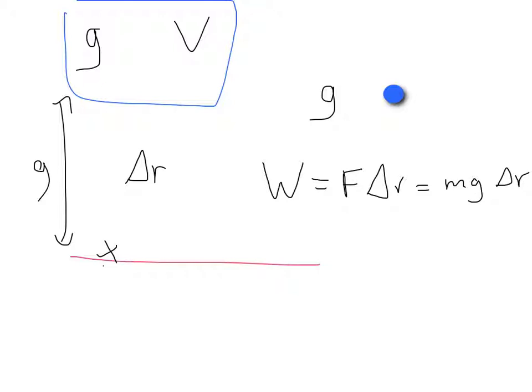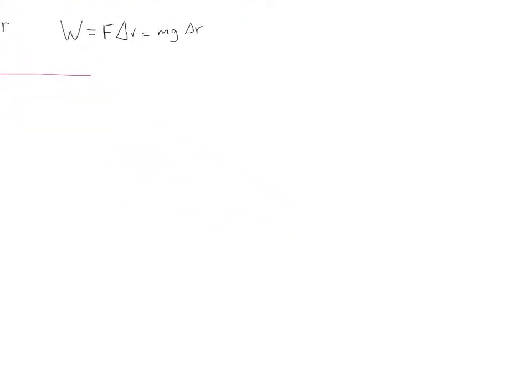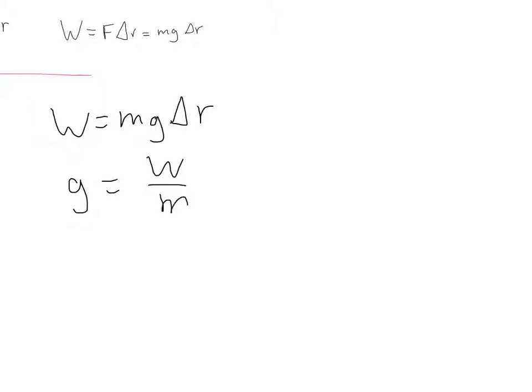So work equals mg times the increase in r, and therefore g equals work divided by m and divided by the increase in r, right?